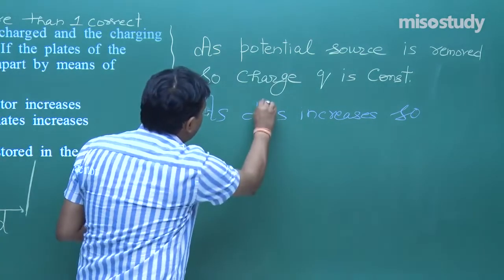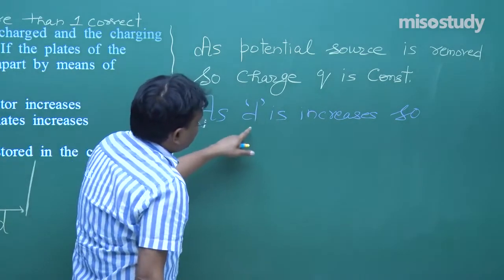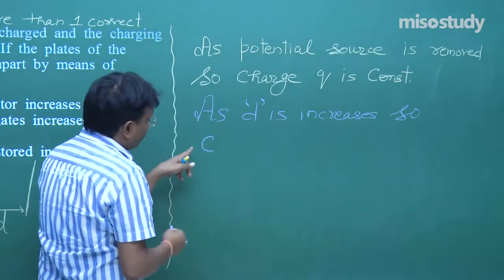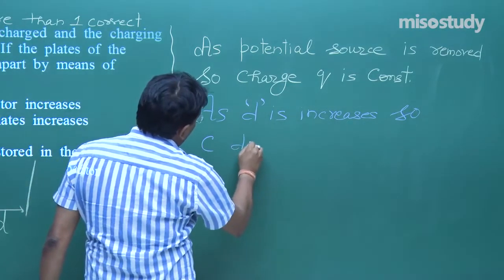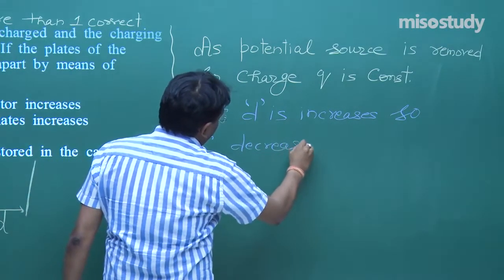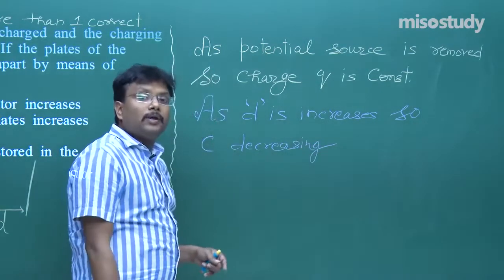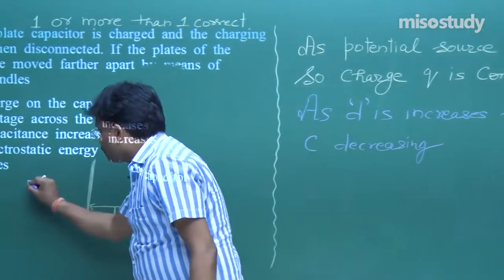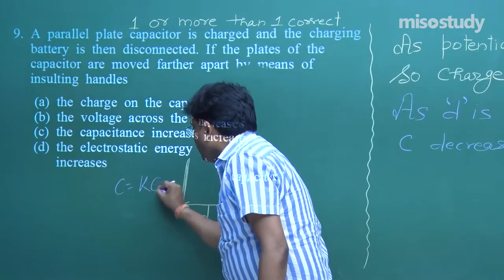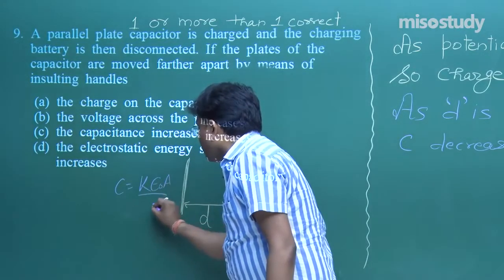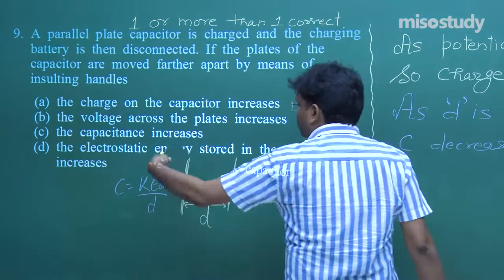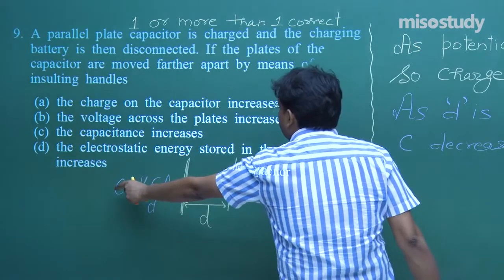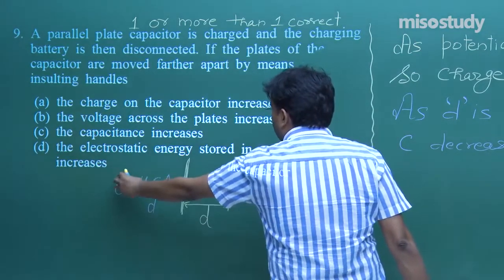So as D increases, C, the capacitance value, decreases. Why? Because C is equal to K epsilon naught A by D. If K and epsilon naught are constant, put them aside. So if D is enhancing, then C is decreasing. More denominator, less this outcome.